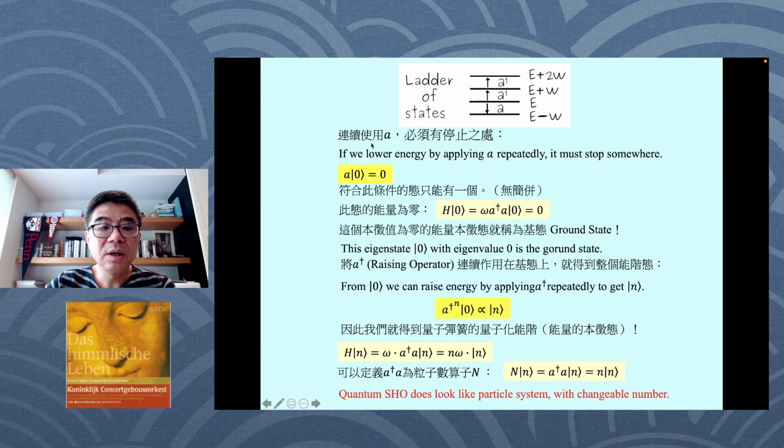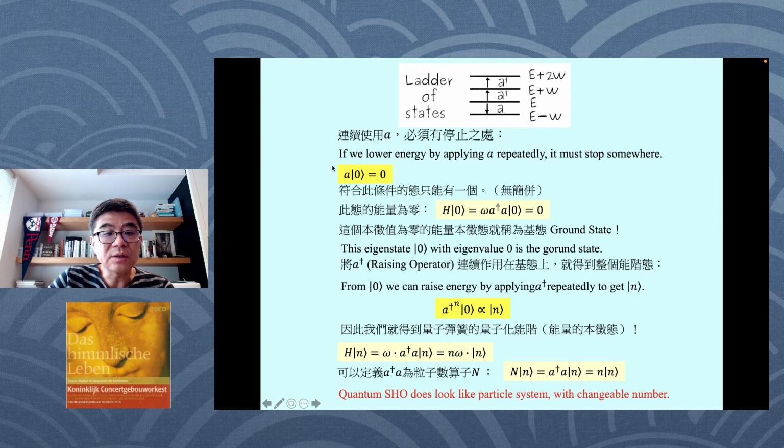First, we can lower the energy by applying A repeatedly, but it must be stopped somewhere because the energy must be lower bounded. You cannot keep going. Therefore there must be a state which, when you use A acting on it to lower its energy, will give you 0.